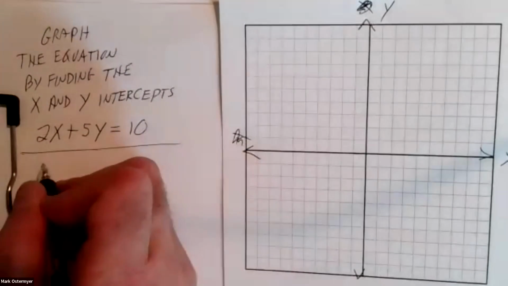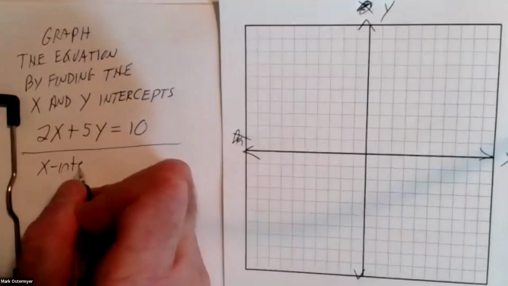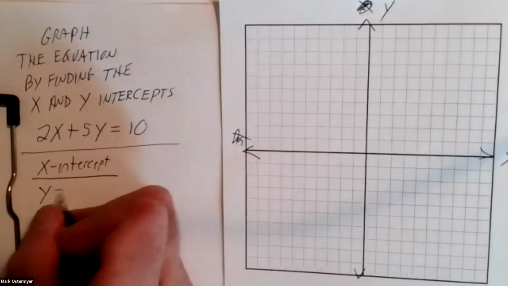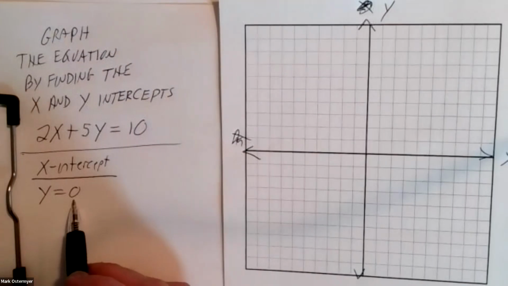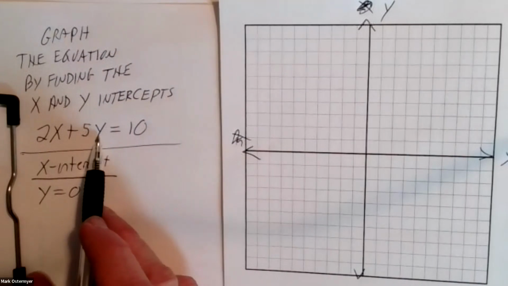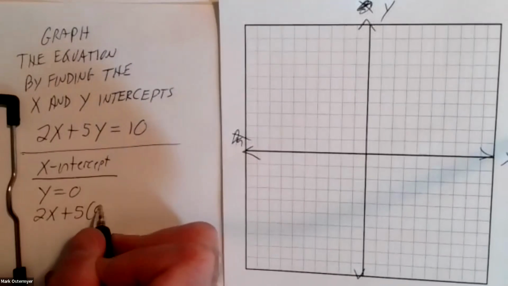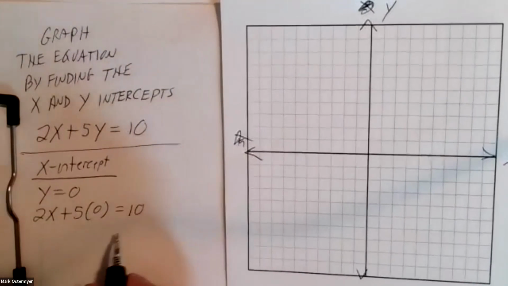First of all, we'll find the x-intercept. The x-intercept is always found by letting y be equal to 0. So we're going to let y be 0, take 0, substitute it in for the y variable, and now we're going to solve this equation for x.